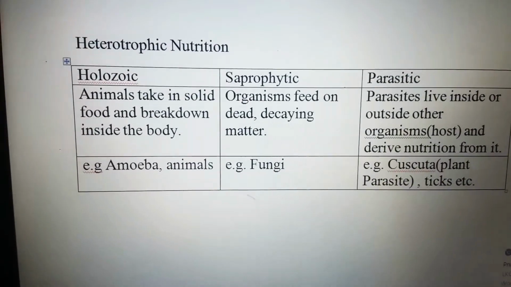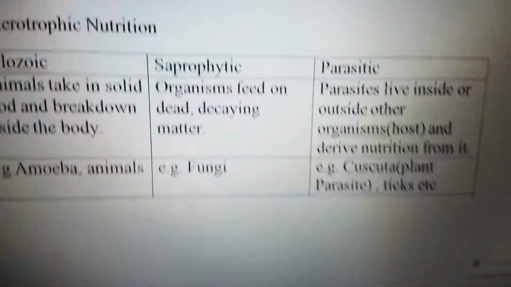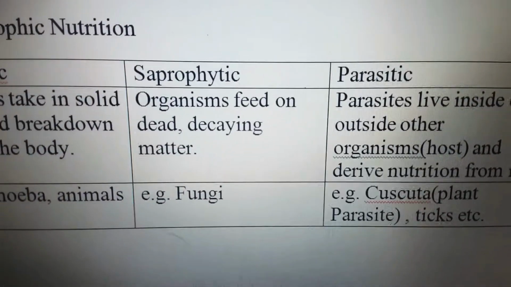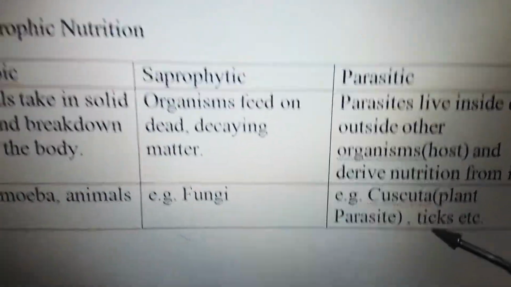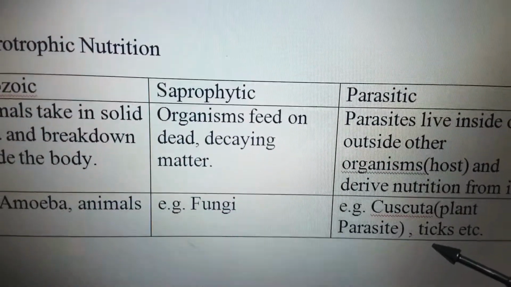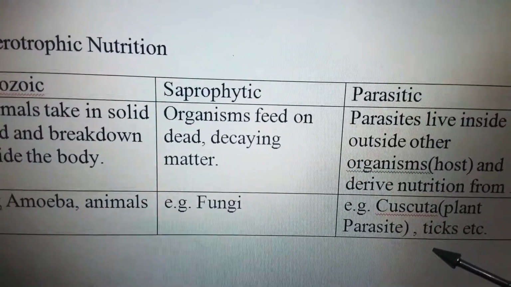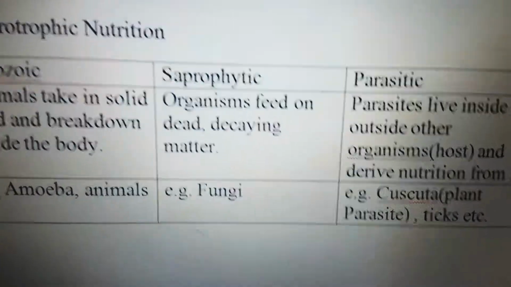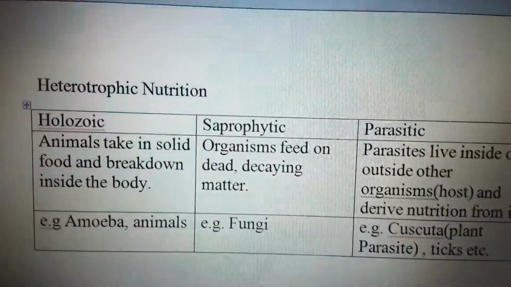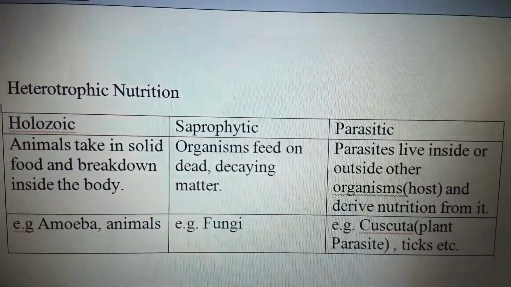Examples of parasitic nutrition are cuscuta, also known as a plant parasite, and ticks. They live on the body of animals and these ticks are then eaten up by birds. So this was about heterotrophic nutrition.